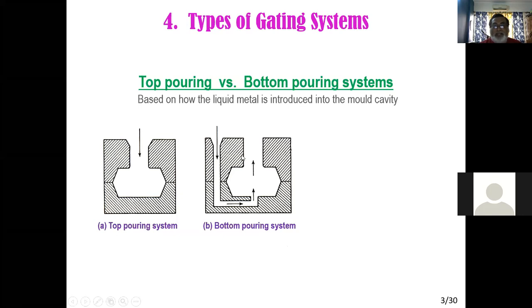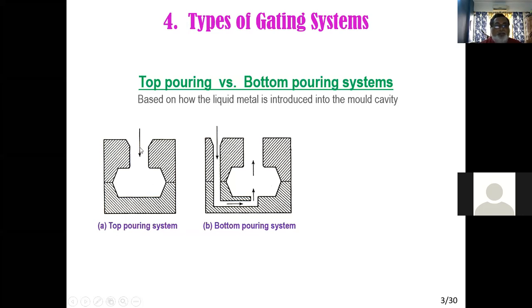For the time being, just ignore this part. This is the feeder. We'll design it later on. So here, liquid metal is poured through the feeder onto the mold cavity. And here, we are pouring the liquid metal from the bottom of the casting. This is called bottom pouring system or bottom gating system.